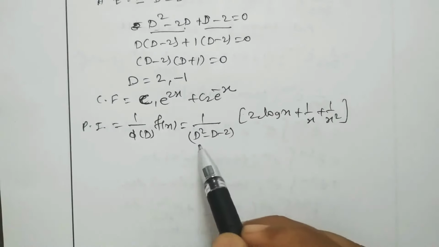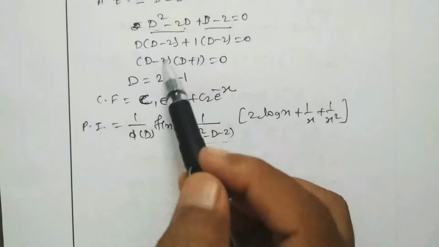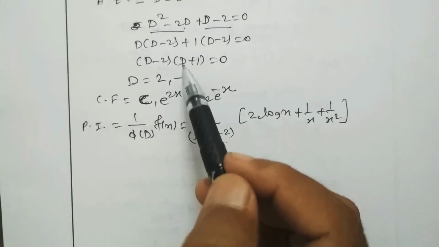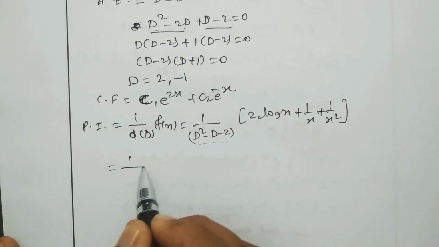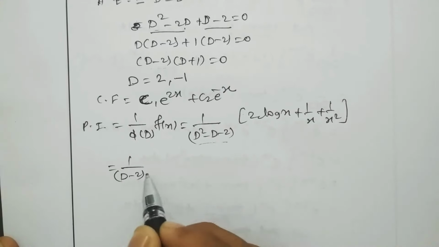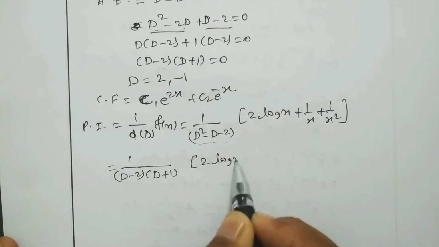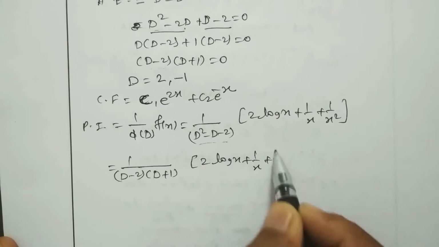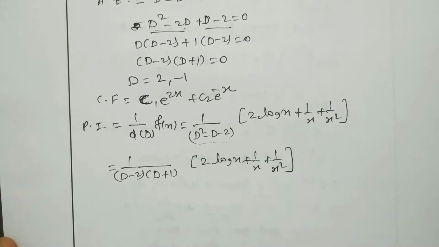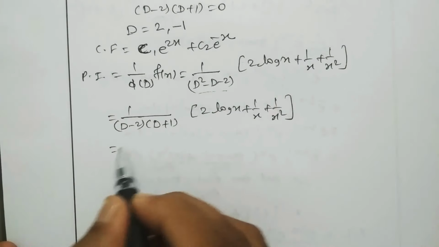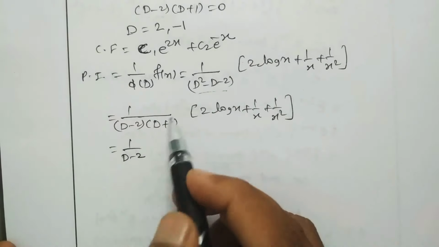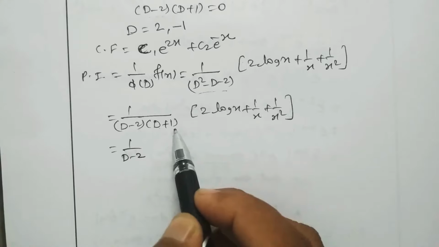So for that, write down the factors of this term. We already calculated the factors, d minus 2 and d plus 1. So this equals 1 upon (d minus 2) into (d plus 1), into 2 log x plus 1 upon x plus 1 upon x square. Now the first d minus 2 as it is, and applying 1 upon d plus 1 factor on this.